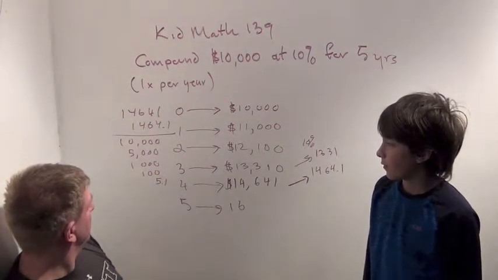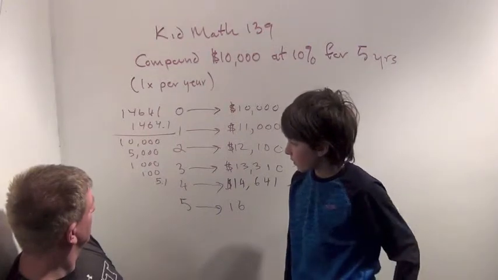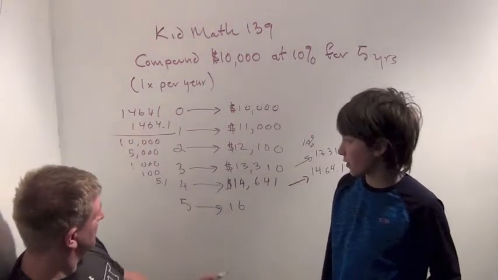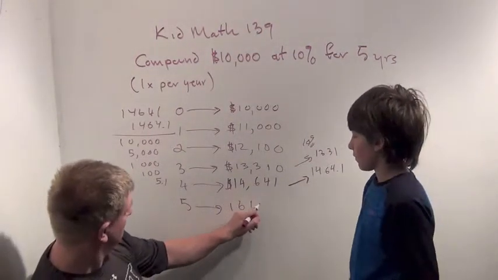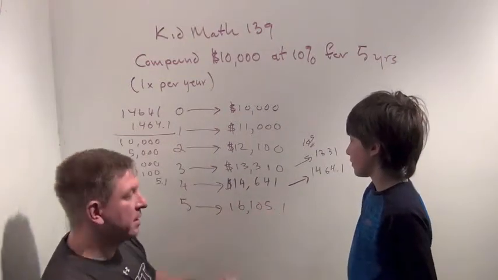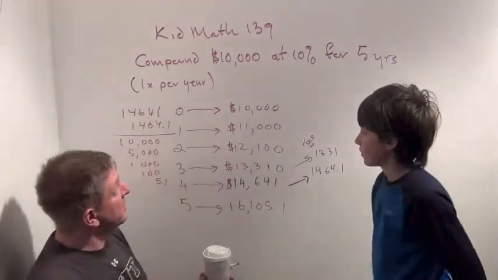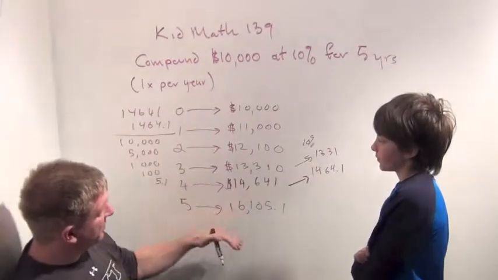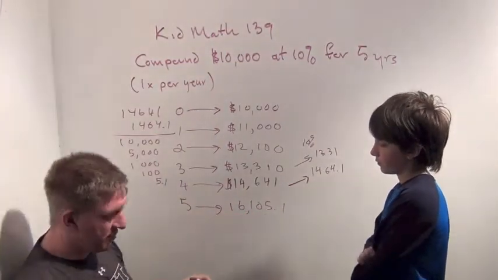So what does that add up to? It's 16,105.1. Okay, good job. So if we do 10% a year, compounded for 5 years, we end up with 16,105.1.